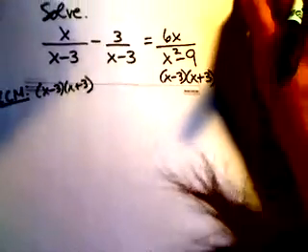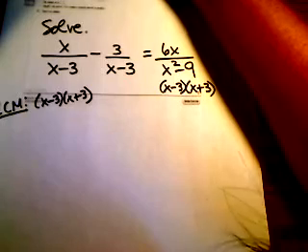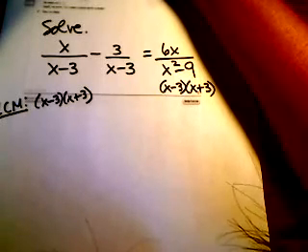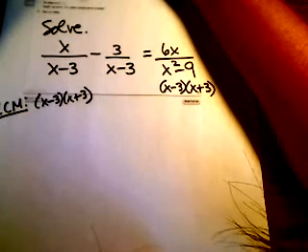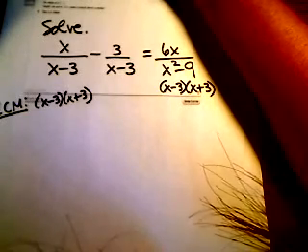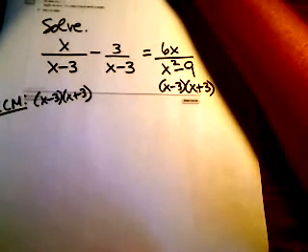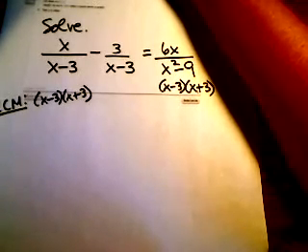I'm going to check it real quick. Yeah, I have it written down wrong. Okay. So this is actually supposed to be x plus 3.